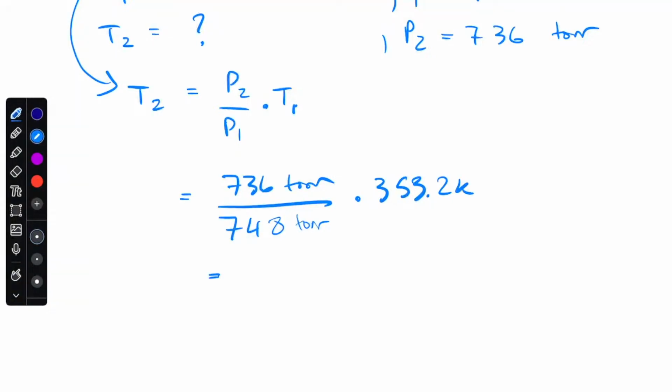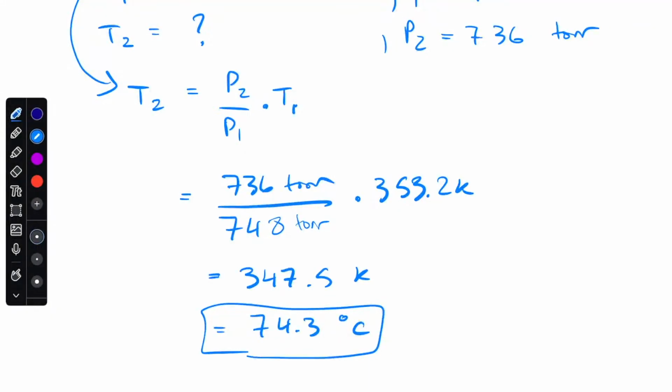And this gives us 347.5 Kelvin as our new temperature, which is 74.3 degrees Celsius. So it cooled down a little bit. It was at 80 and it went down to 74, which makes sense because the pressure went down by only a small amount.